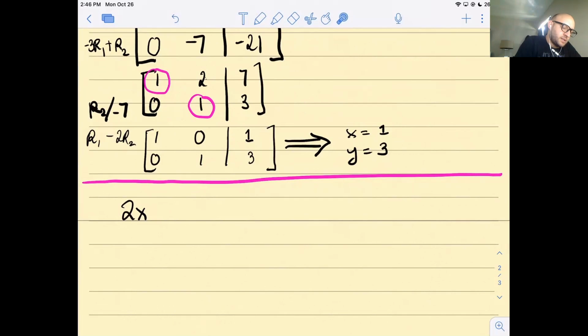Try this one. 2x plus 4y equals 10, and x minus 2y equals 1.